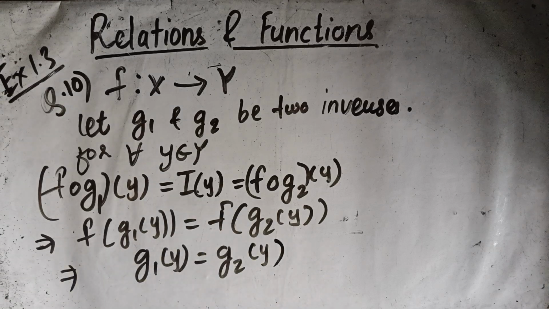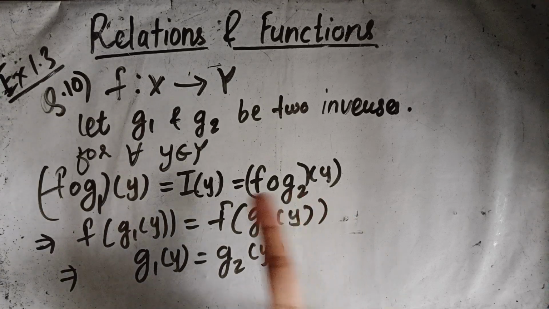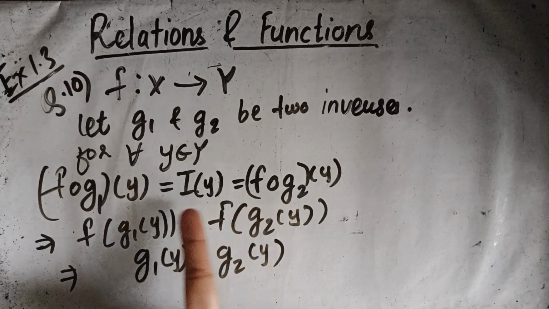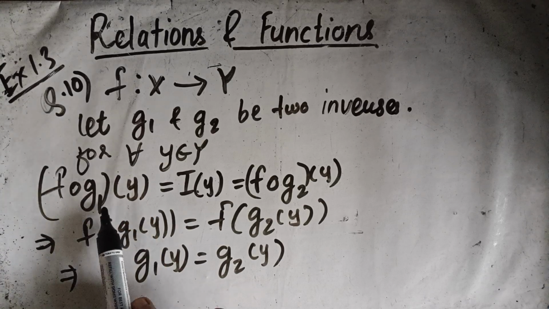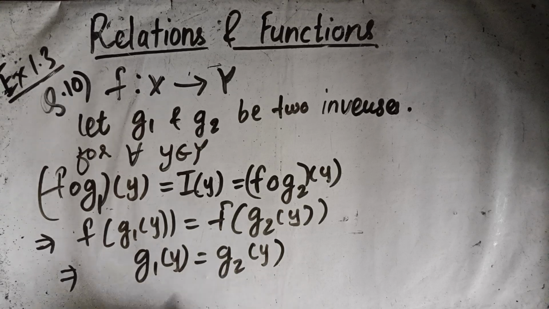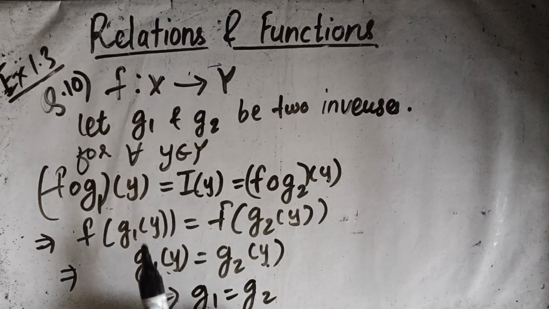We are taking the condition for invertible: for invertible we always check f composite g and g composite f. If these inverses were not equal, then this also would not be equal. But we are taking this as equal and showing that inverses are equal. So this implies that g1 is equal to g2. Here the reason is g is one-one. Invertible means one-one and onto.